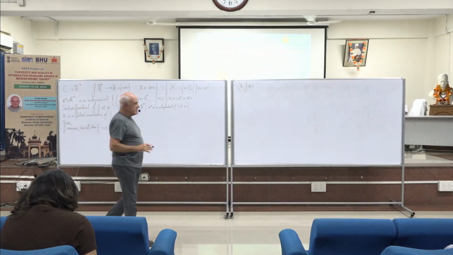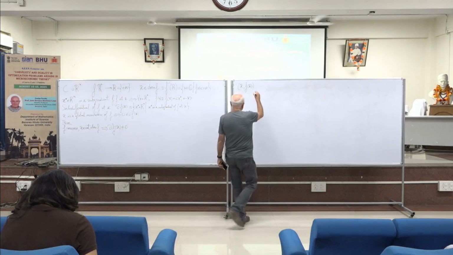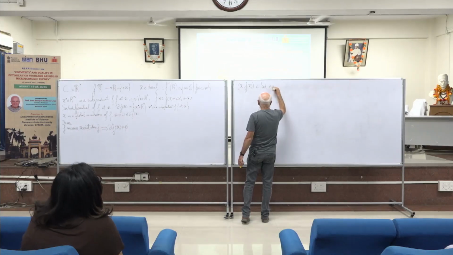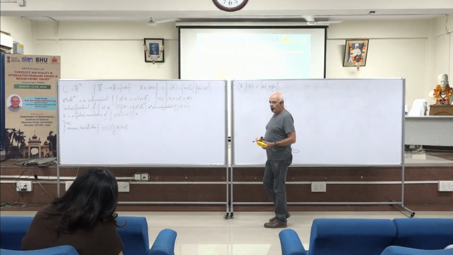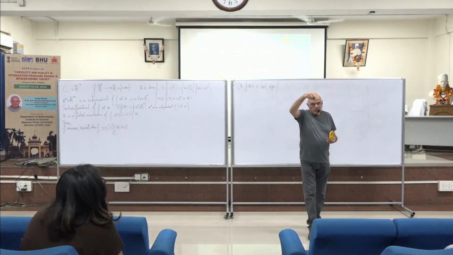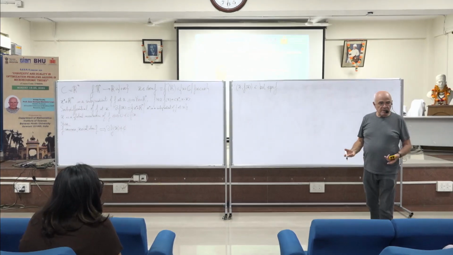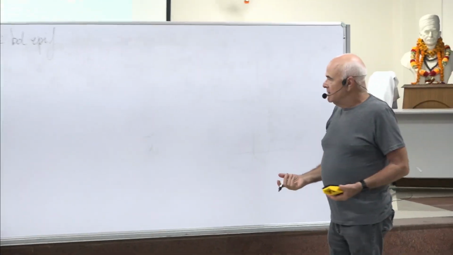And this is an element belonging to the boundary of the epigraph of f. It's in the boundary because if we go below f of x bar, we leave the epigraph.